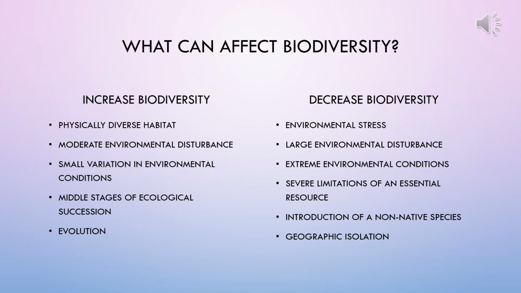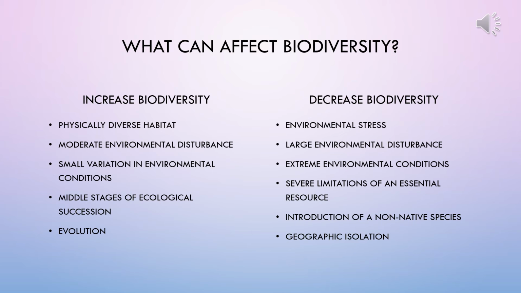The characteristics that affect biodiversity. We can either increase or decrease biodiversity by the choices that we make. Increased biodiversity comes from having physically diverse habitats that have some moderate environmental disturbances, such as seasonal wildfires or seasonal flooding. There's small variation in the environmental conditions, meaning that we typically have pretty consistent precipitation and temperatures.